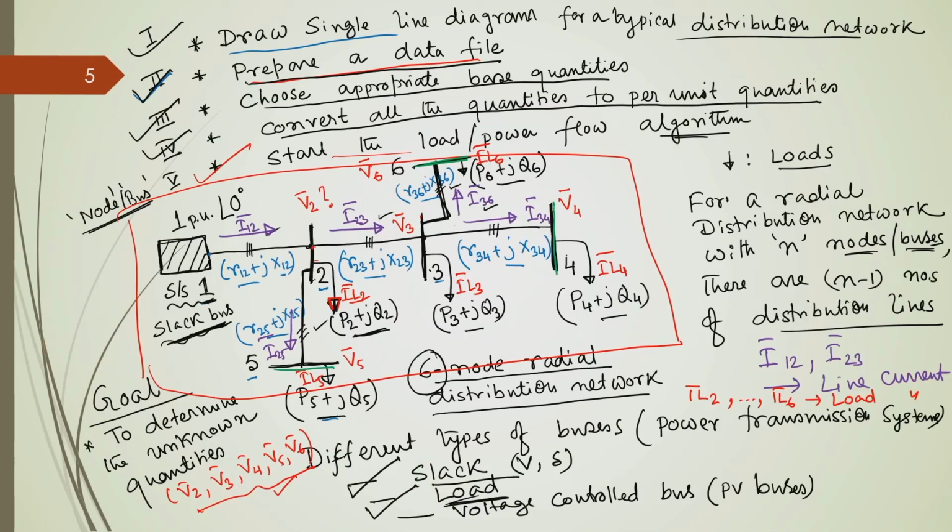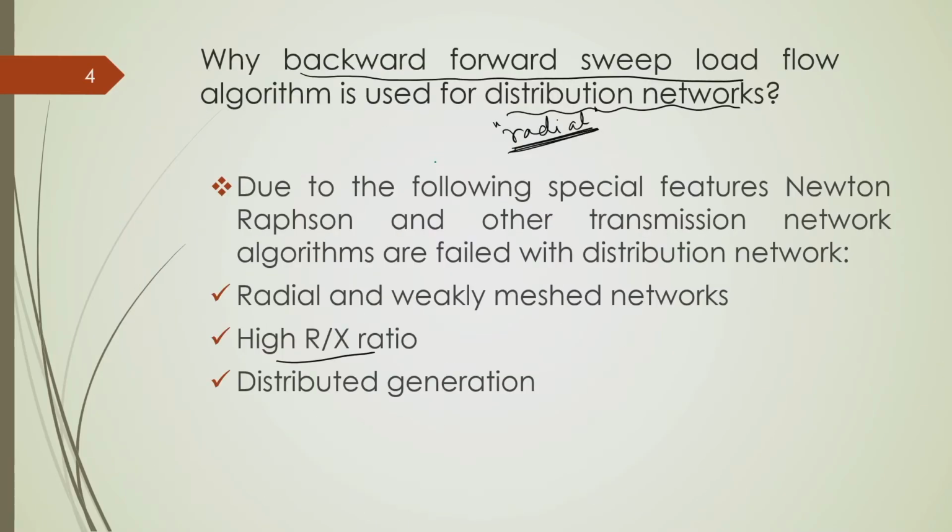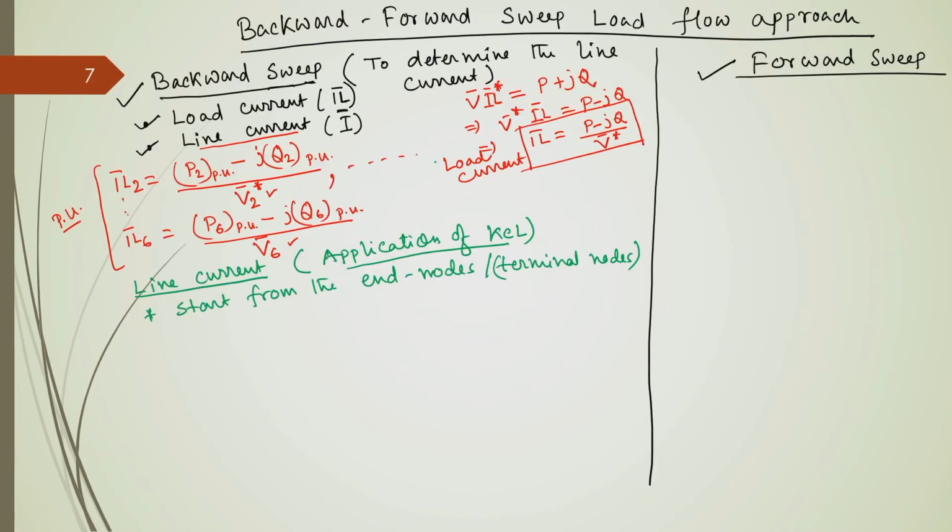So, for this 6th node, the current flowing from node 3 to node 6, that is I36, will be equal to IL6 if you apply KCL at node 6. So, we get I36, the line current flowing from node 3 to 6, equal to IL6. This we get applying KCL at node 6.